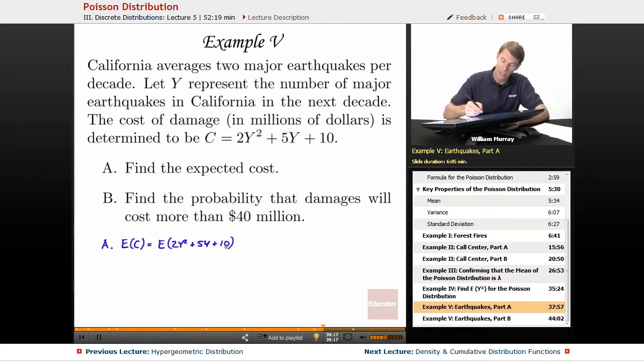Expectation is always linear, so I can expand this out into 2 times the expected value of y squared. I can't bring that square out, but I can bring the 2 outside, and I can separate up the different terms. 5 times the expected value of y plus the expected value of 10. Well, the expected value of 10 is just 10, so there's not much to say there.